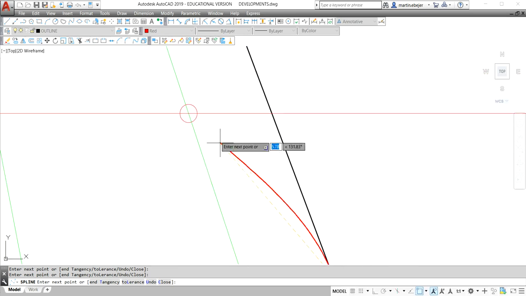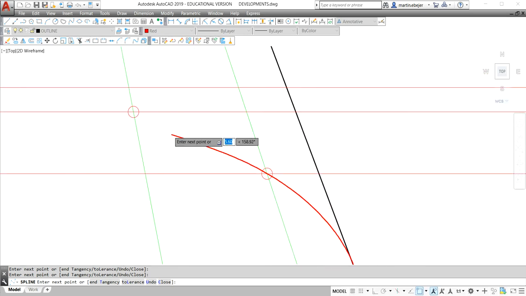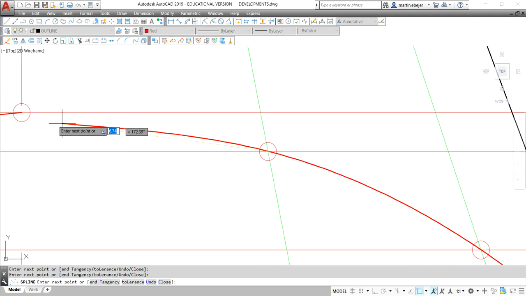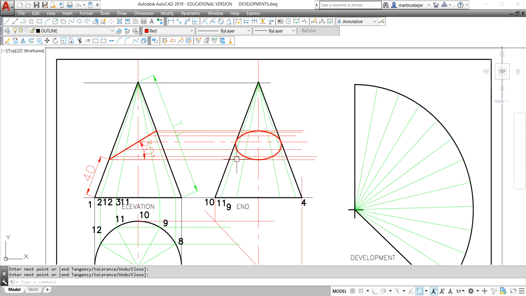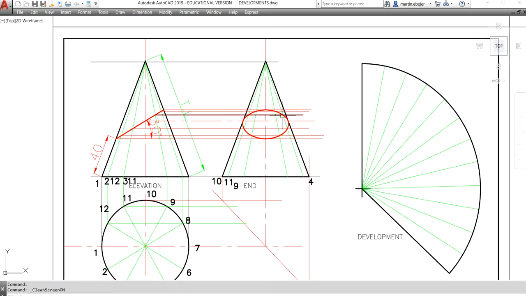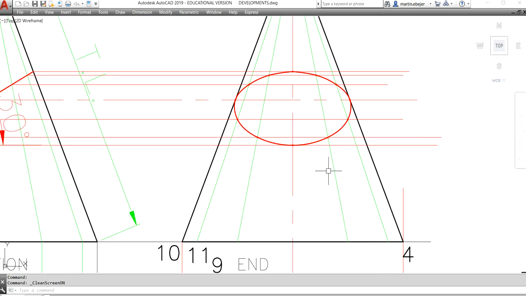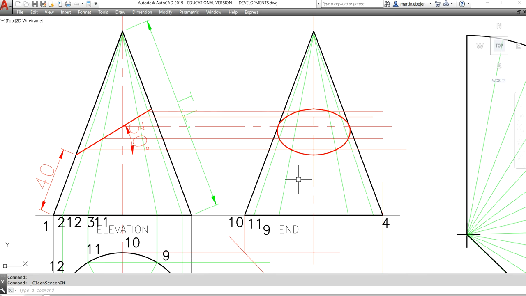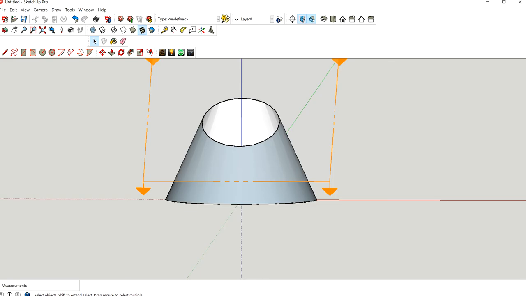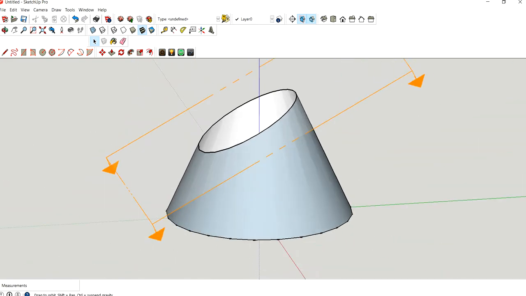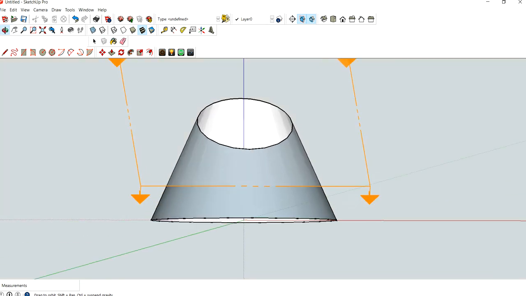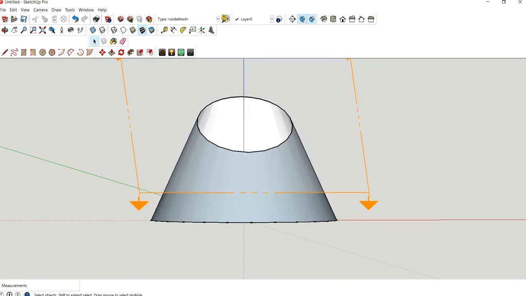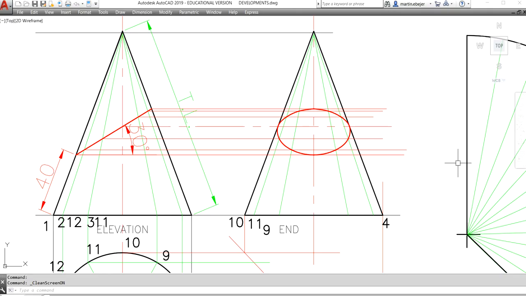Okay? So this is the outcome. That is the end view with the cut, as we've seen over here. This is the cut at an angle of 30 degrees, and that profile, that is the end view, which we created over here by projections.